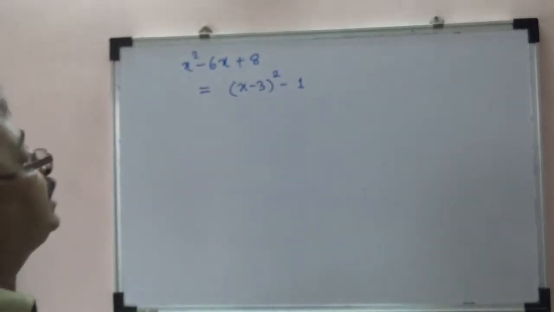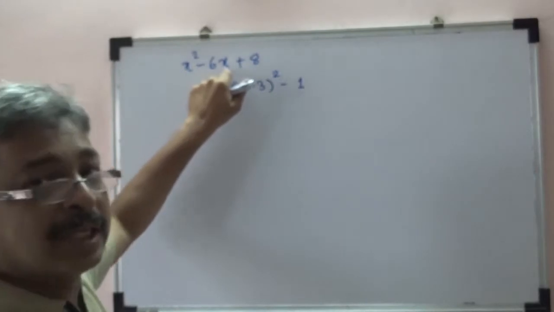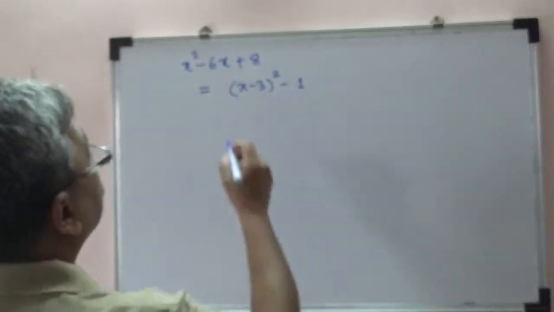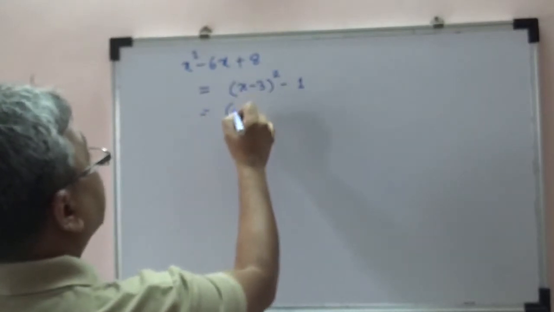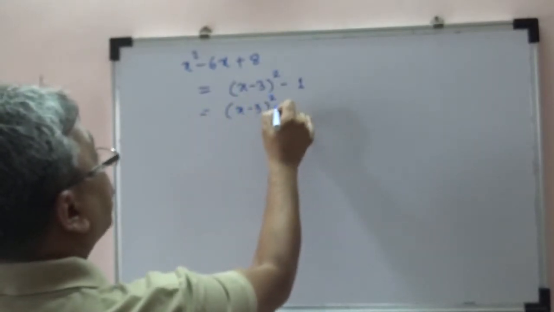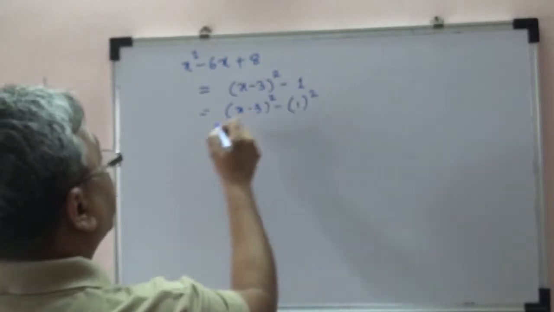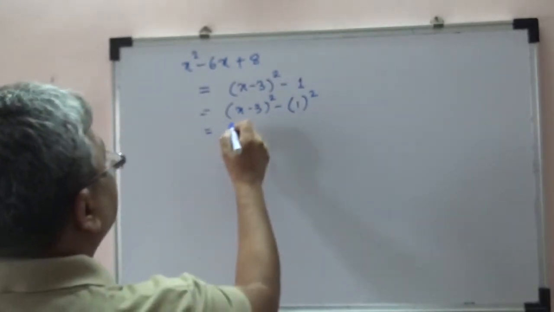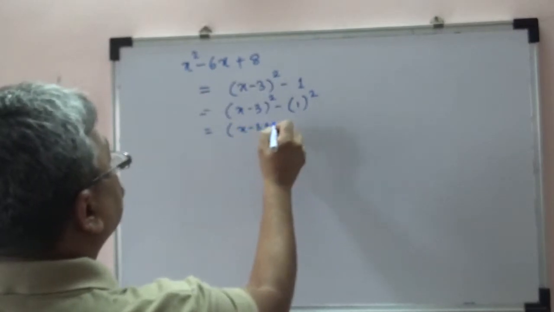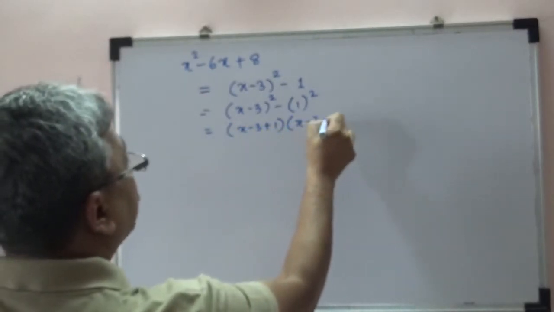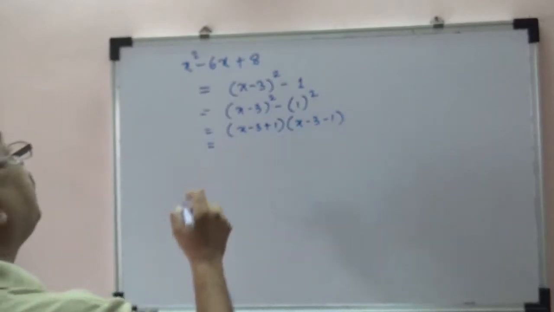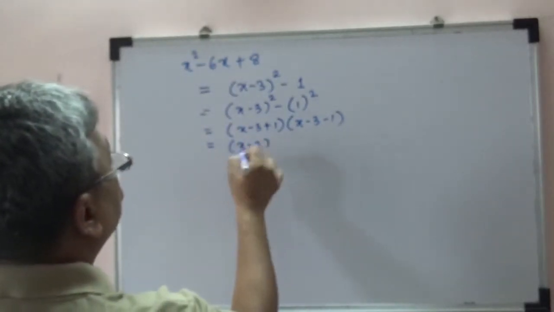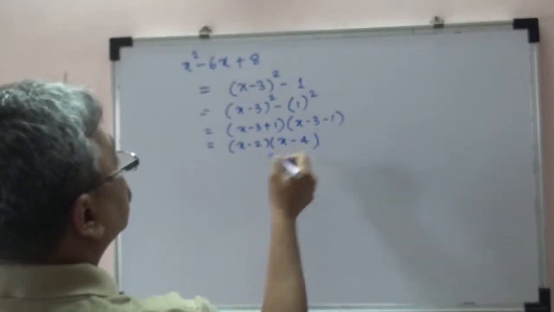So x square minus 6x plus 8 is equal to (x minus 3) whole square minus 1. This can be expressed as (x minus 3) square minus 1 square, which is a difference of two squares, so it factorizes into (x minus 3 plus 1) into (x minus 3 minus 1). Hence the complete factorization of the given expression is (x minus 2) into (x minus 4).